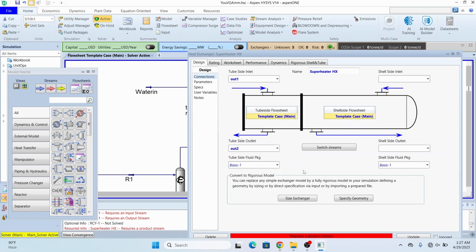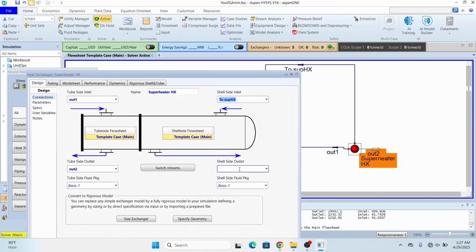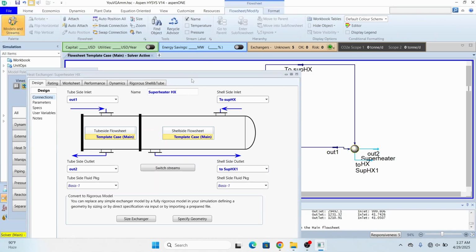On the shell side, my inlet will be to superheater, and the outlet stream will be to superheat x1.